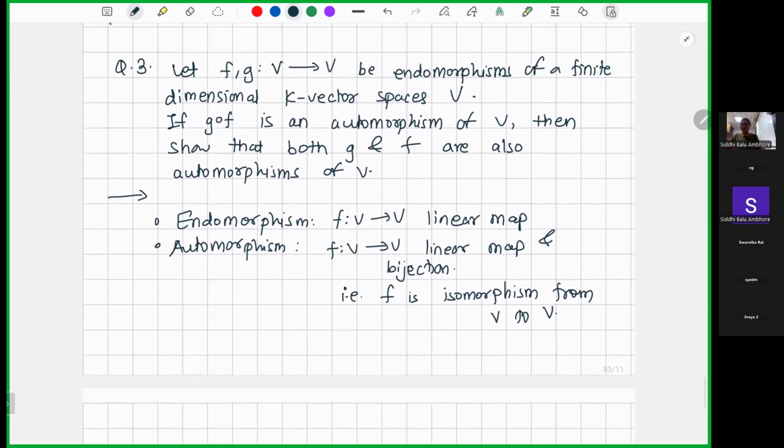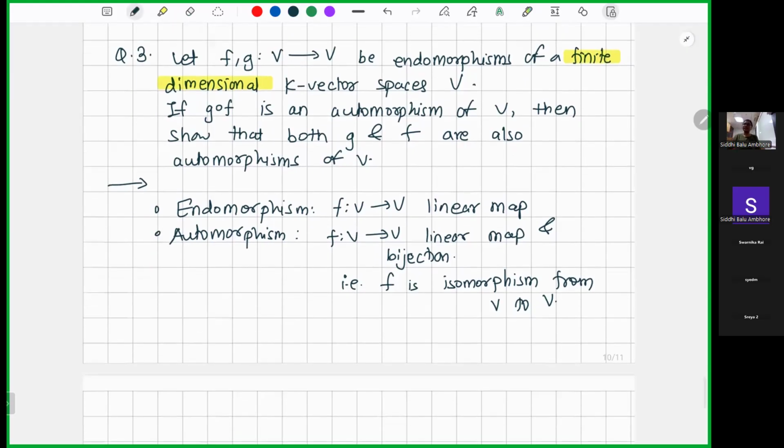So what is given, and this is important information, is that V is finite dimensional. We'll do this and then we will see one example. I was not planning that example, but it's nice.